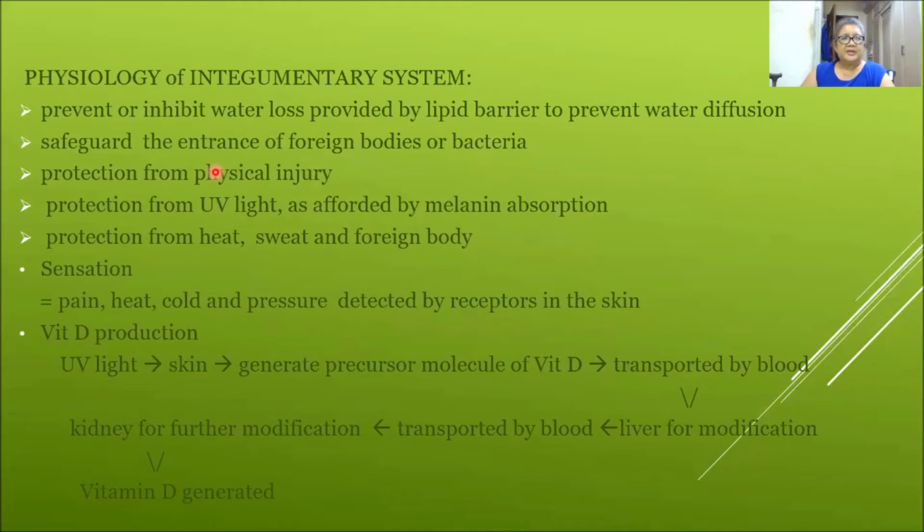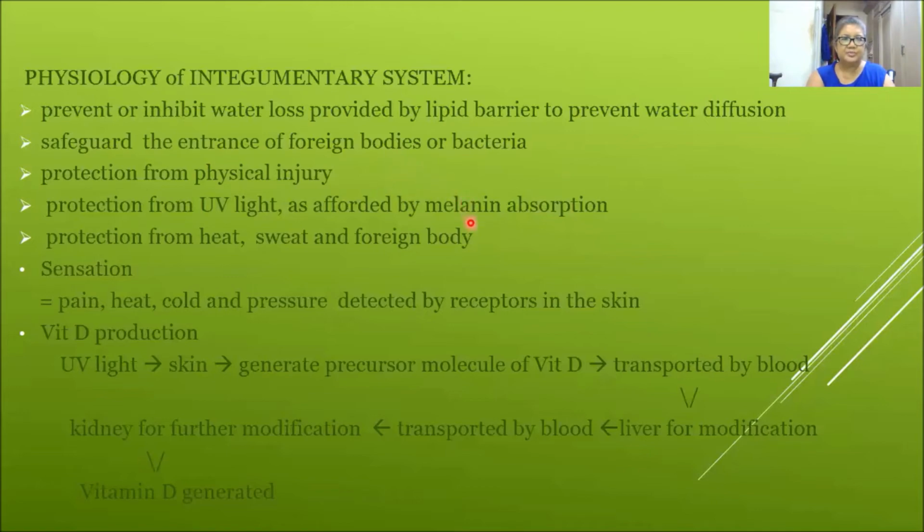The integumentary system prevents or inhibits water loss, provided by a lipid barrier to prevent water diffusion. It safeguards the entrance of foreign bodies or bacteria, and it will protect the body from physical injury.